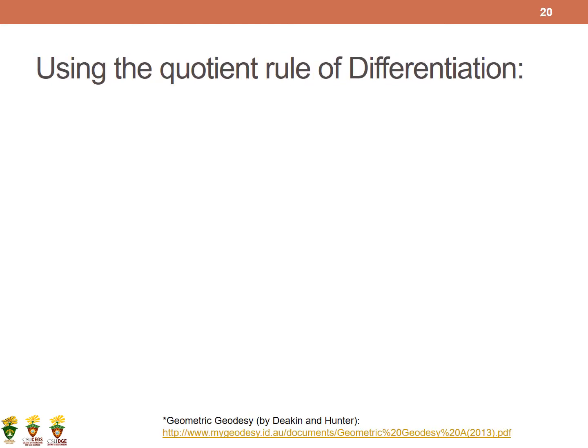And using the quotient rule of differentiation, which is v du over dx minus u dv over dx, over v squared, that's the formula for the quotient rule.